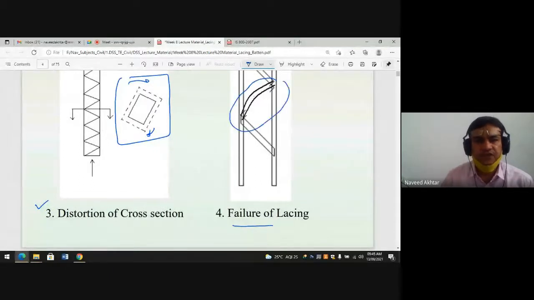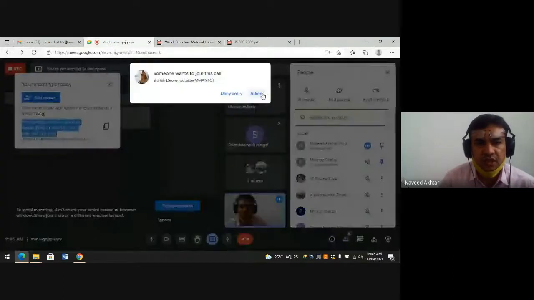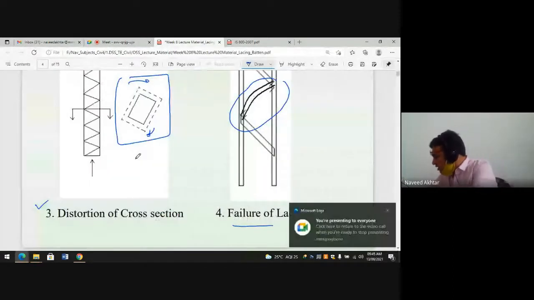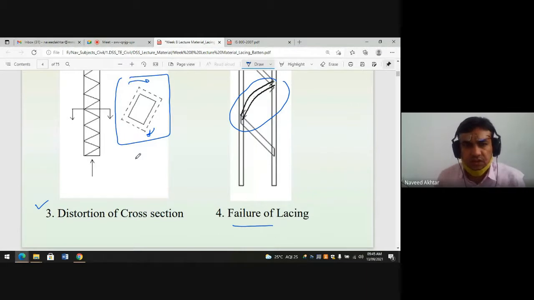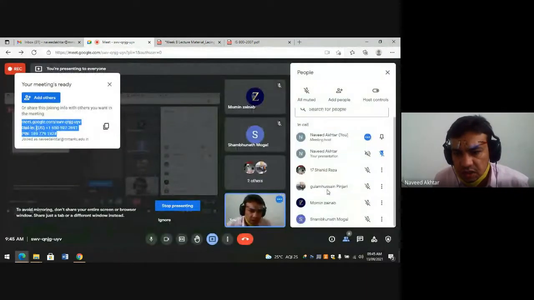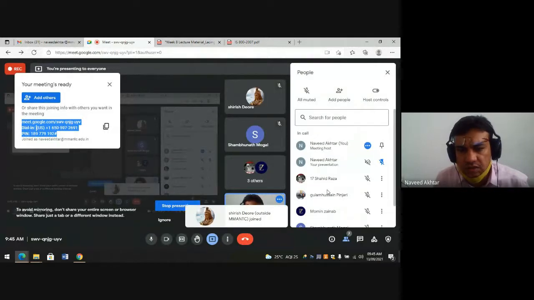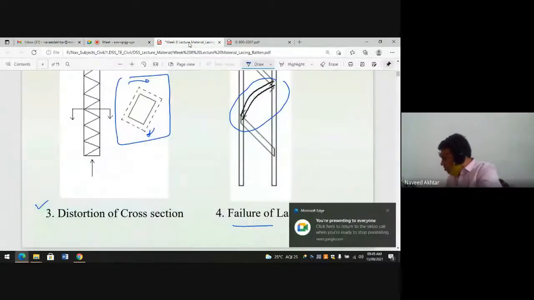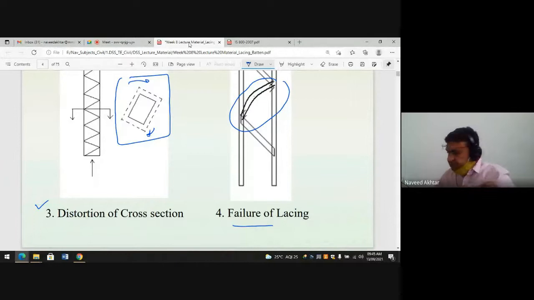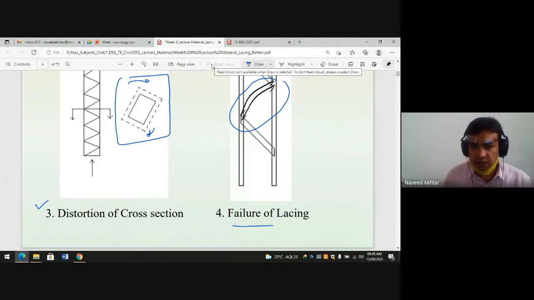If there is failure in the lacing, that is called the failure of the lacing.